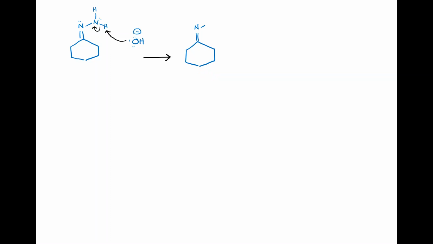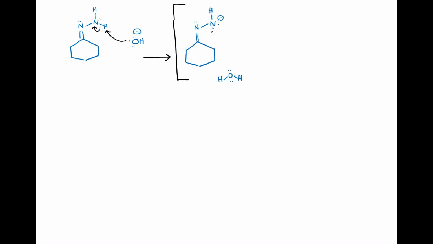So we've just done a proton transfer. That nitrogen will now be negatively charged, and will form some water from that proton transfer as well. So this substrate is resonance stabilized. So we'll go ahead and draw the resonance contributor.